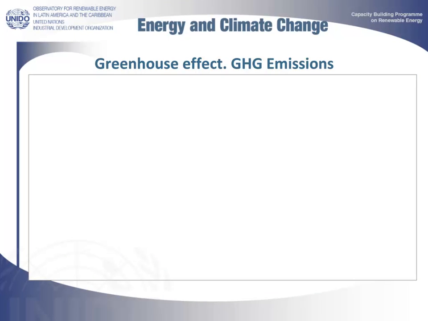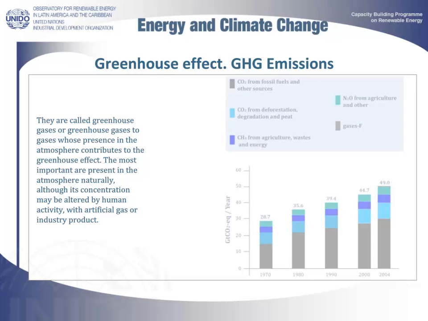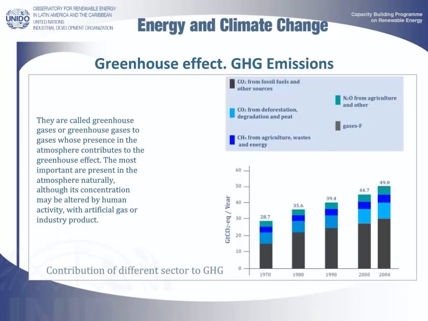The Intergovernmental Programme has provided charts for climate change in 2007, where the following can be seen. In Chart A, we see the evolution of the emissions in equivalents of CO2 per year. Note the considerable increase between 1970 and 2004.